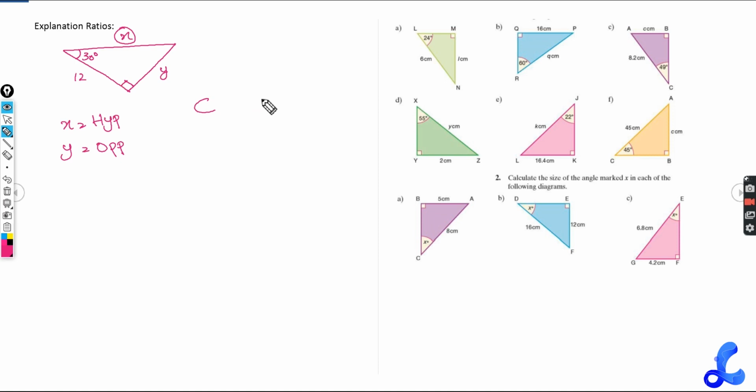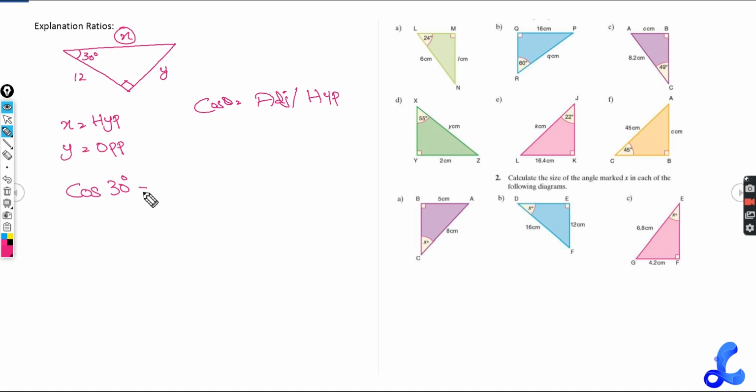So CAH makes sense because cos theta equals adjacent over hypotenuse. So adjacent you already have, which is 12. So let me put it, cos 30, 30 being the angle that is given to you over here.